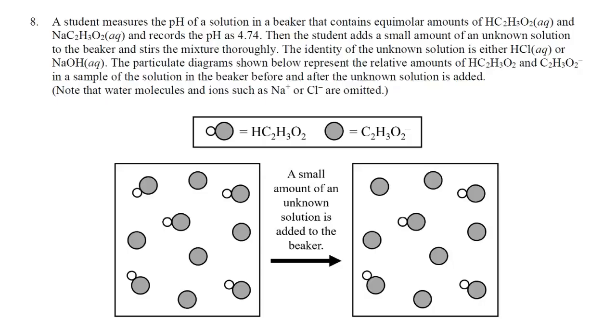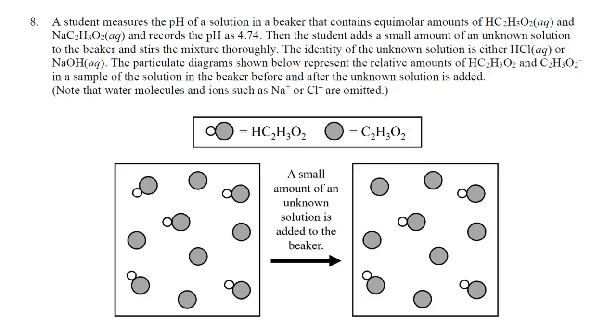Then the student adds a small amount of an unknown solution to the beaker and stirs the mixture thoroughly. Now the identity of the unknown solution is either HCl, hydrochloric acid, that's a strong acid, or NaOH, sodium hydroxide, that's a strong base. Now the particulate diagrams shown below represent the relative amounts of acetic acid molecules and acetate ions, again that's a conjugate acid-base pair, in a sample of the solution in the beaker before and after the unknown solution is added.